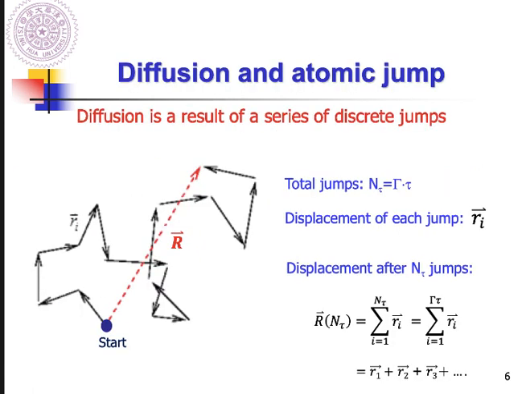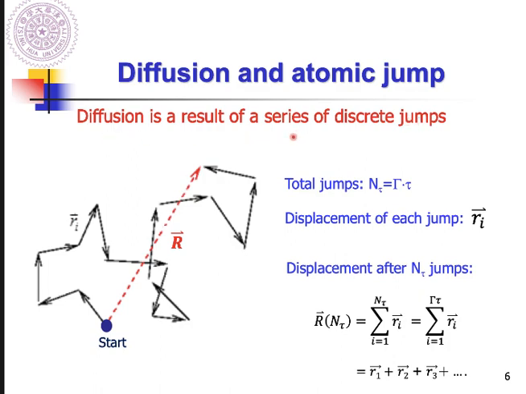So let's take a close look at the atomic jumping process in materials. And also don't forget, do you have any idea about the relationship between diffusion and the atomic jumping process? Diffusion is a result of a series of discrete jumps.